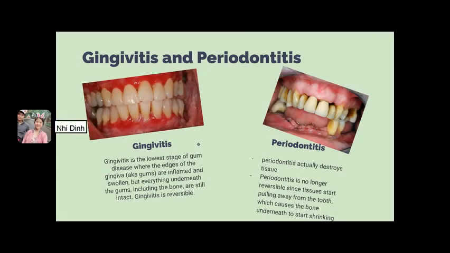Gingivitis and periodontitis are two subcategories of gum disease. Gingivitis, or inflammation of the gum, is the lowest stage of gum disease, where the edges of the gingiva are inflamed and swollen, but everything underneath the gums, including the bone, is still intact. Gingivitis is reversible, and you are currently at gingivitis with reduced periodontium.